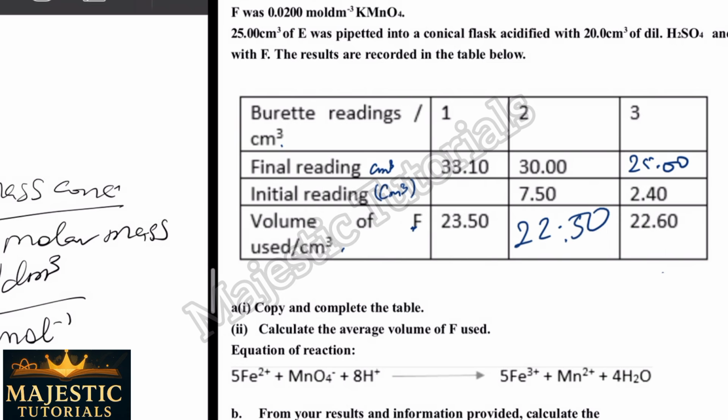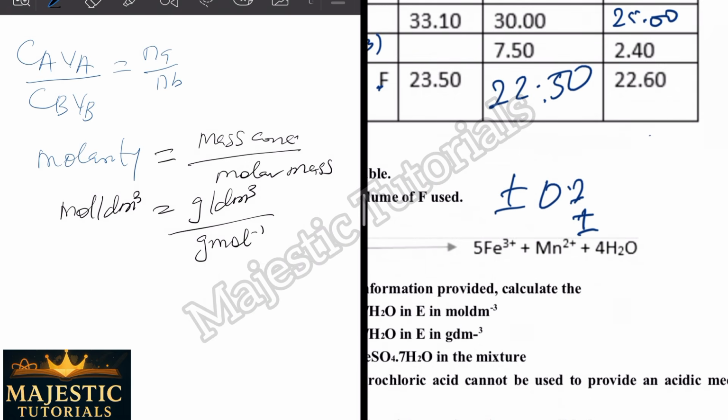So 23.50 is off because it's 1 cm far away. So the correct value is: use at least two values that do not vary with more than plus or minus 0.2 at least, but the best is to use the ones that do not vary with plus or minus 0.1. That's what we call concordant titer.